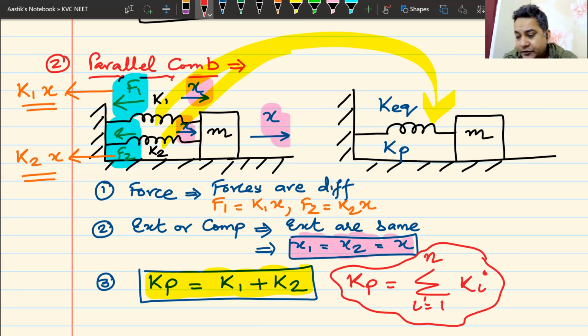Am I clear? Do I have some raised hand that we understand this? Spring constant of the equivalent spring. This is known as parallel combination. I'll give you 2 minutes to note it down.